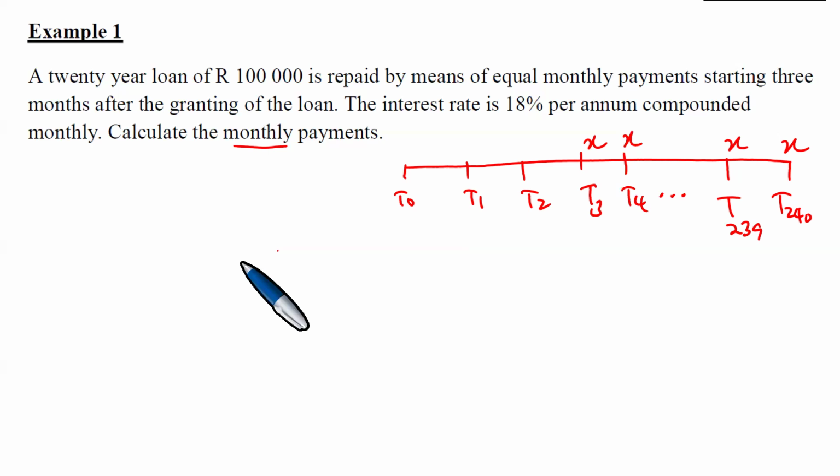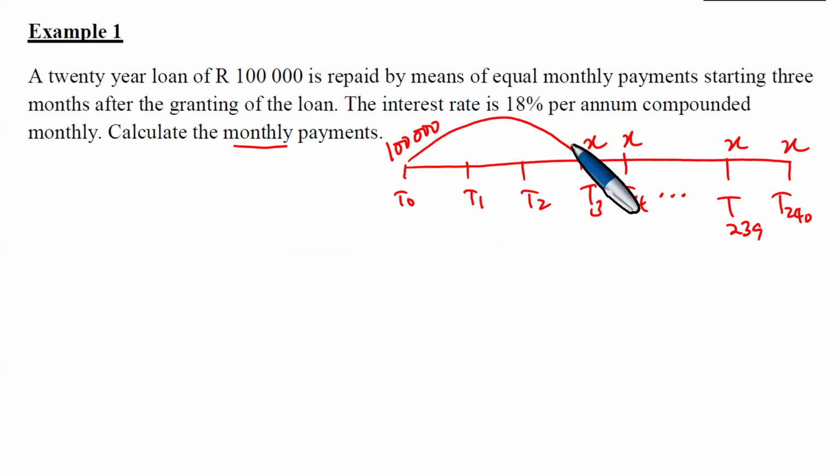So that then in the end, we have 100,000. It is repaid by means of equal monthly payments starting 3 months after the granting of the loan. So now there is a gap here. Because these are monthly payments, you're going to count 1, 2, 3 months.